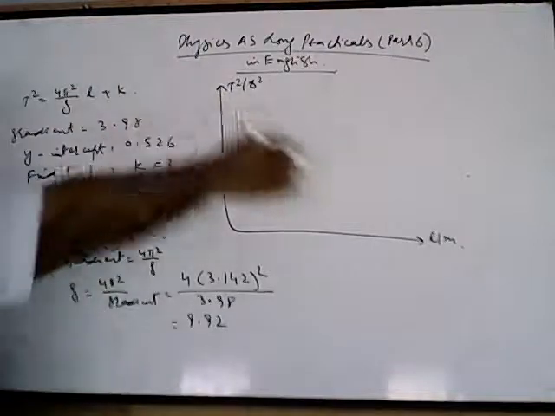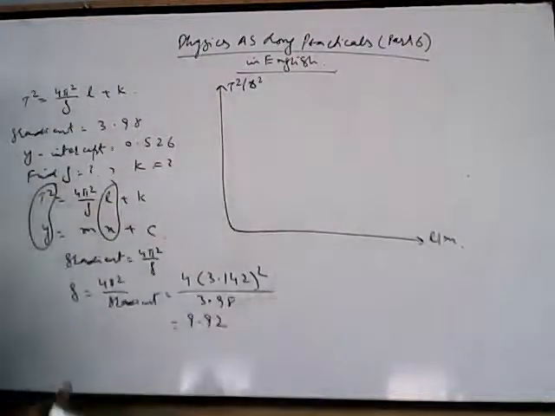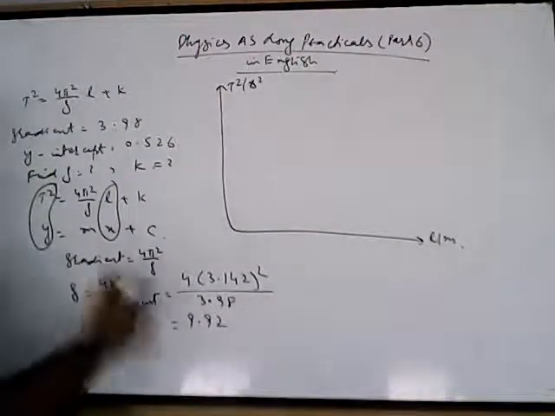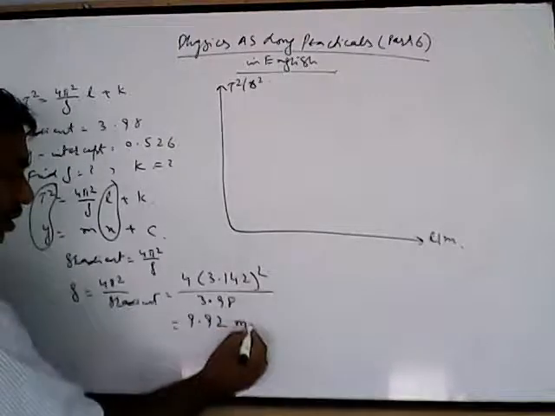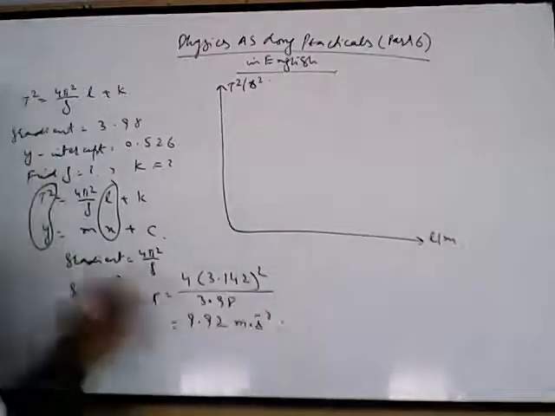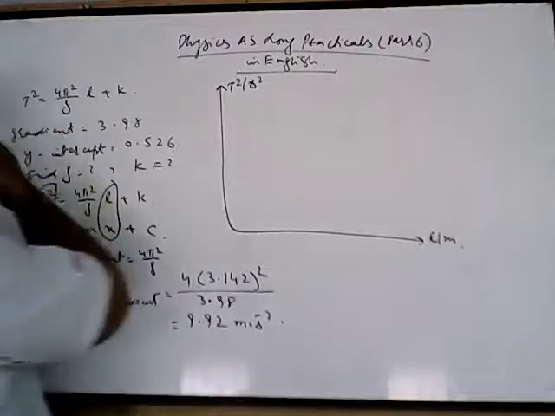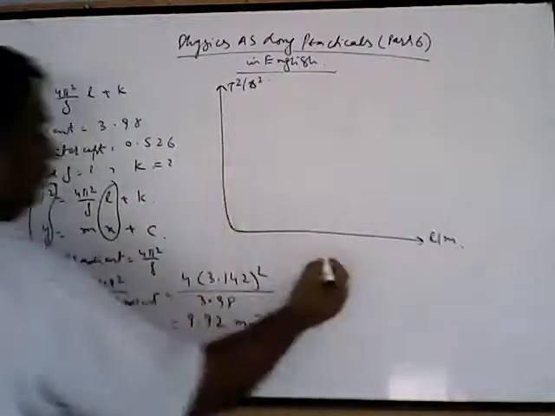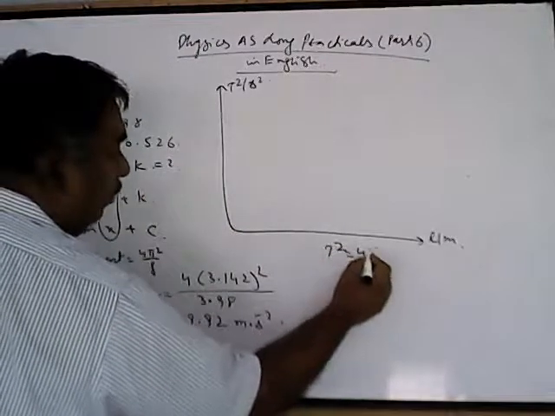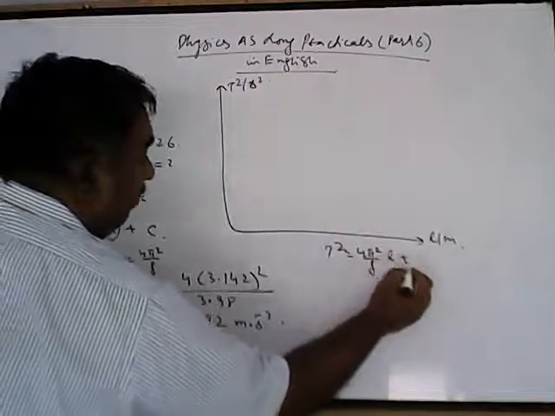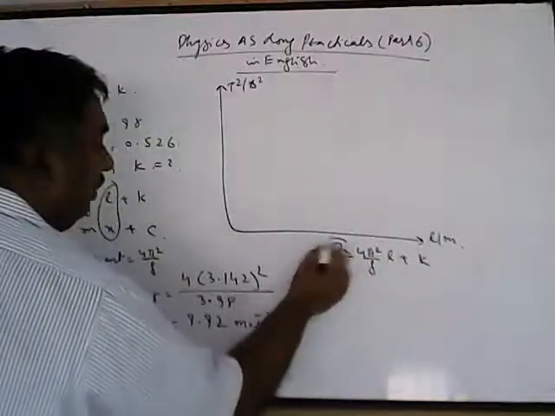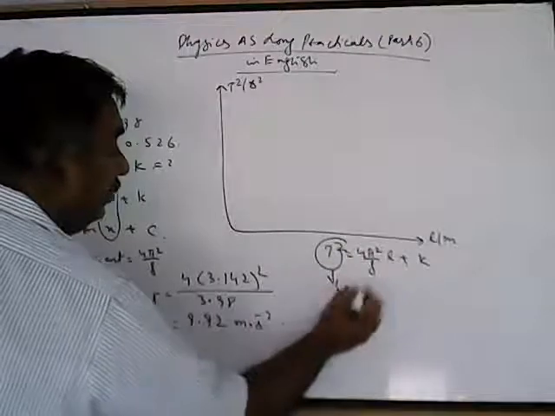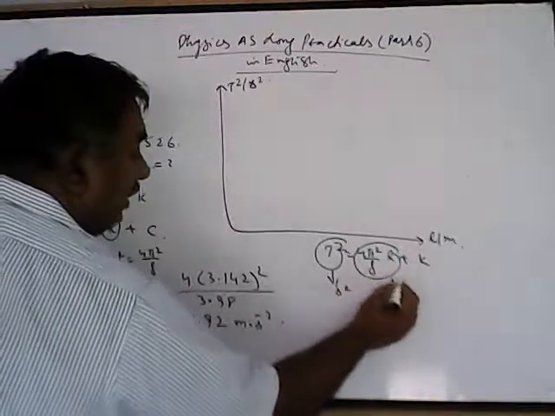If you use SI units, then you do not need to calculate. If it is a general term, g, then write meter per second square. Do not need to calculate, but if you want to calculate, you can. You can see here that T square is equal to 4 pi square upon gL plus k. So if the units of this is second square, the units of this must also be second square.